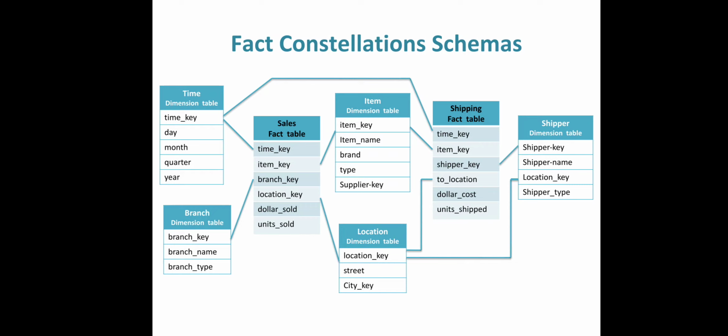This fact constellation schema provides the facility of having many fact tables, and it will look like a collection of different stars. So, you can see in this example we have many fact tables.